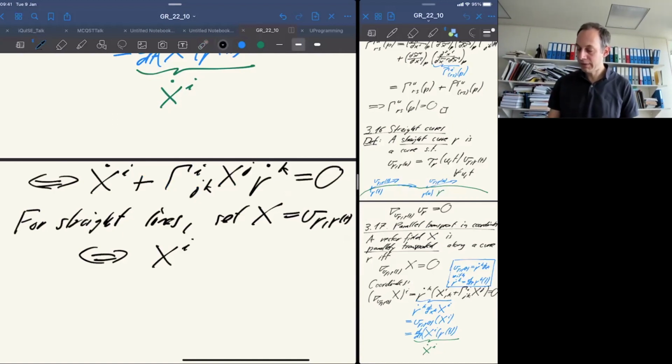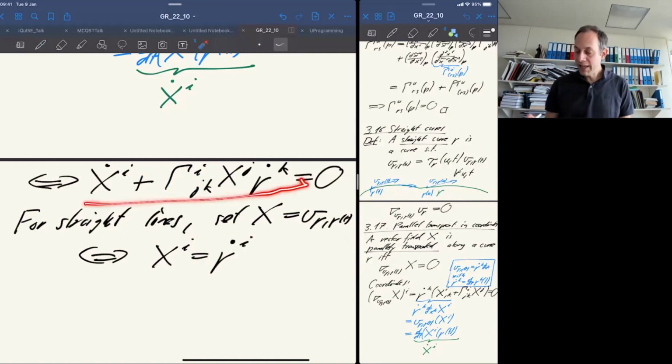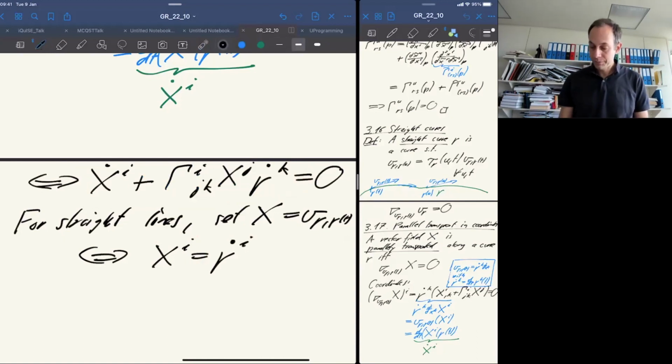And in components, this now means the following. Remember, the gamma dot i were just the components of the vector, and x^i are, of course, by definition, the components of the vector x. So now I can insert that here. So x is now gamma dot i. Therefore, the condition for straight lines now reads in coordinates as follows.